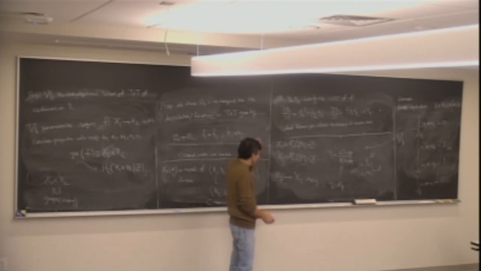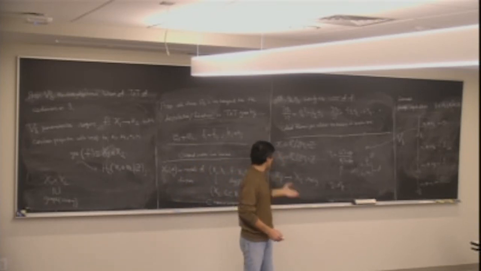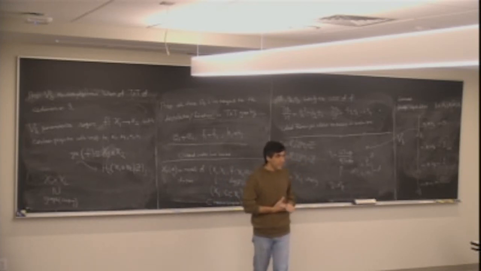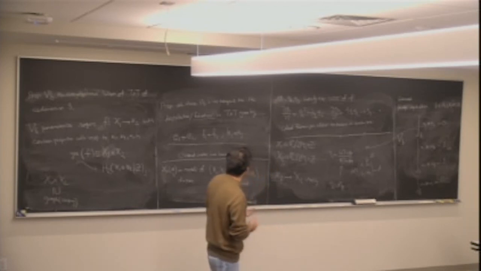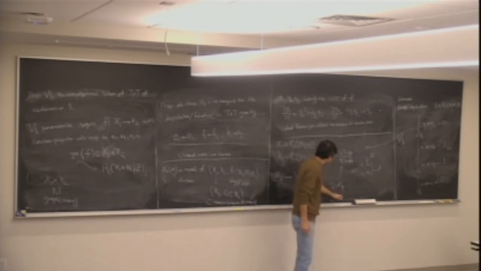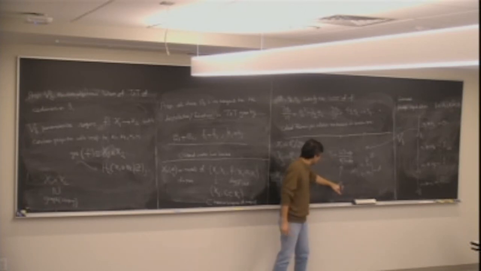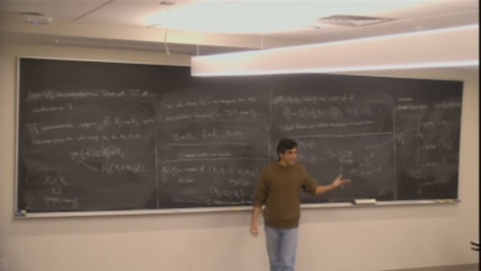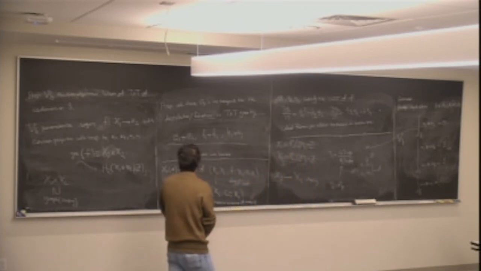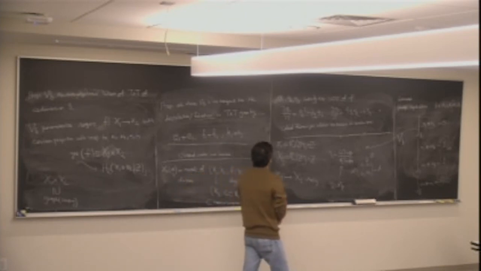Its kernel you can compute, and so on. So one of the very simple operations in modular forms, multiplying the argument by d, has to do with the isogeny of the corresponding elliptic curves.